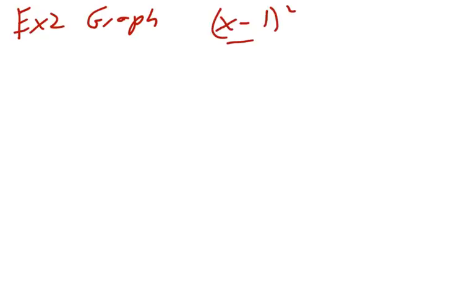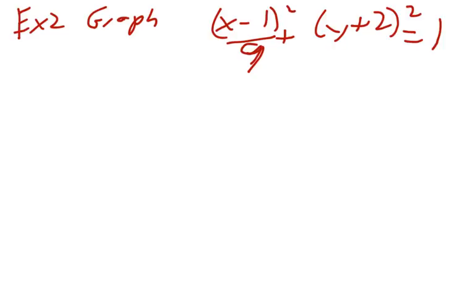On our next example, we are going to graph x minus 1 squared over 9 plus y plus 2 squared, that was a 9, equals 1. So let's get some information here. The center is (1, negative 2).